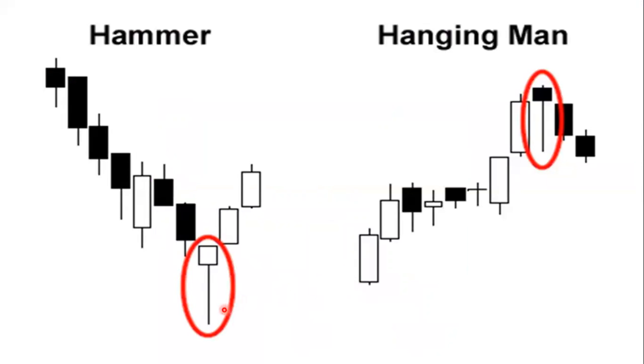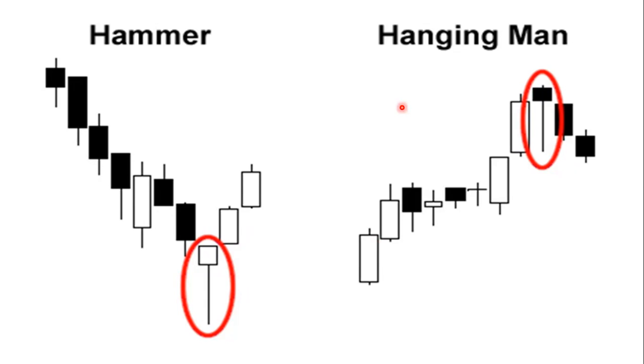This is the hammer. It looks like this. Do you see the hammer? Yeah. Okay. Let's explain another way. When the hammer comes up on the top, we call it a hanging man.